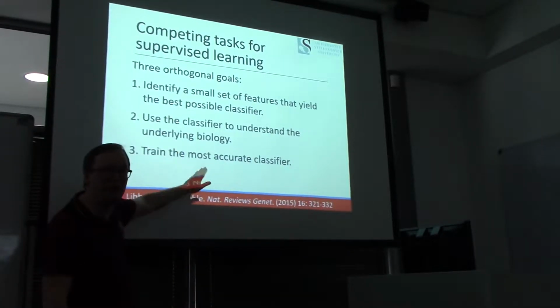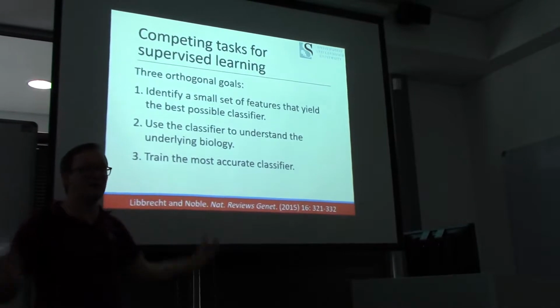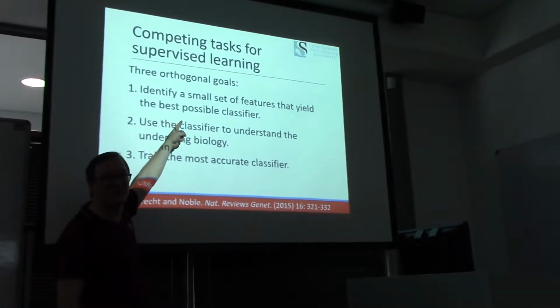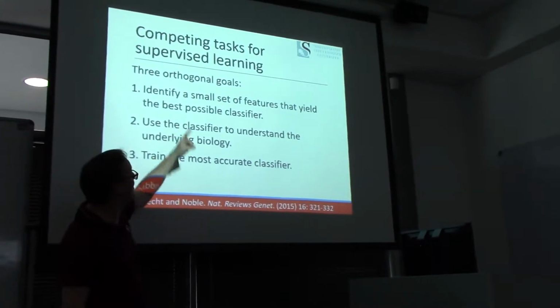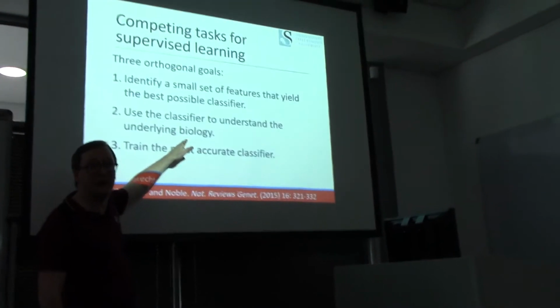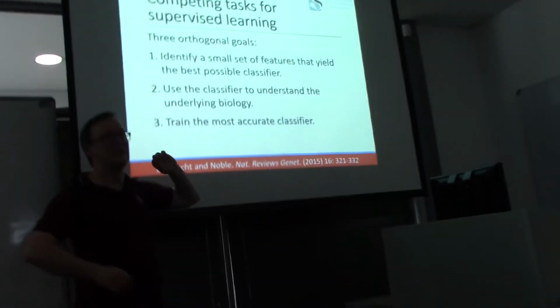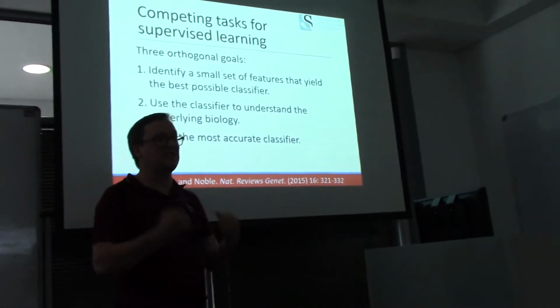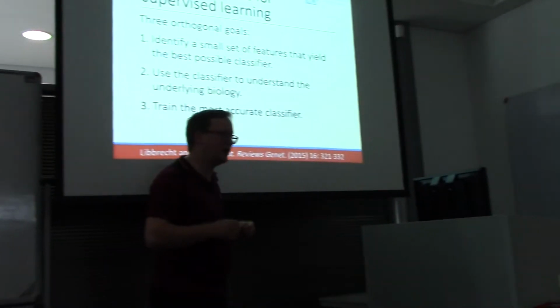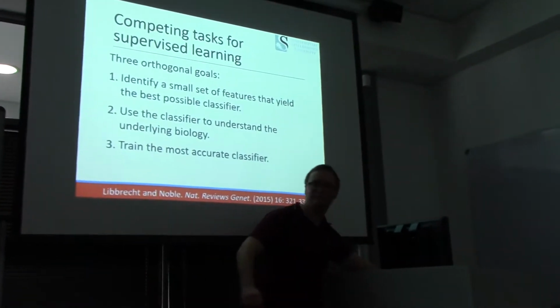So you can see that all three of these goals are sort of orthogonal. We're trying to figure out which subset of the information we provide is useful. We're trying to understand something new about the biology of the disease, and we're trying to accomplish something statistical in terms of what accuracy we can deliver with this classifier.